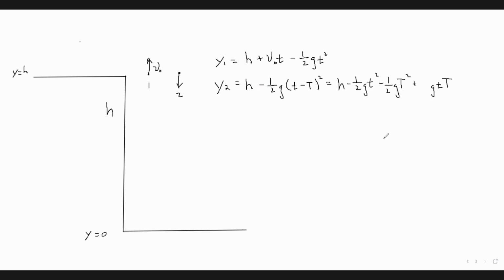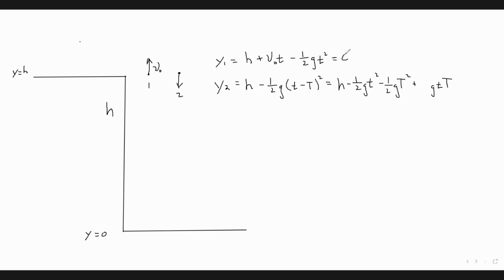Okay, now both of them, if we let time little t represent when the ball hits the ground, both of these are 0, and they're equal to each other. So let's set them equal to each other.